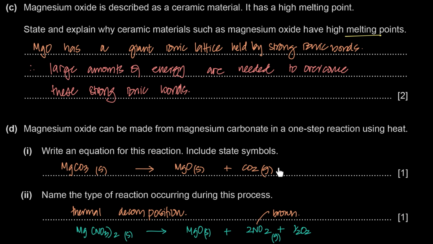If you said colorless gas produced, that would not be an observation, because you cannot see a colorless gas. So keep that in mind. They're the common things that they keep asking in thermal decomposition. And how do you differentiate the two? Well, this will be brown gas, and that one no gas.